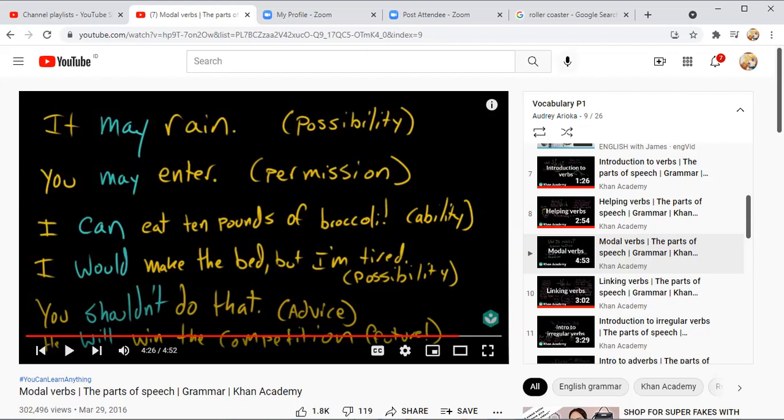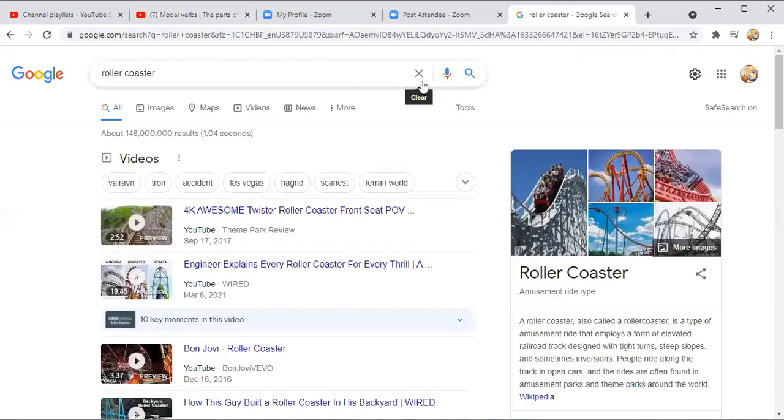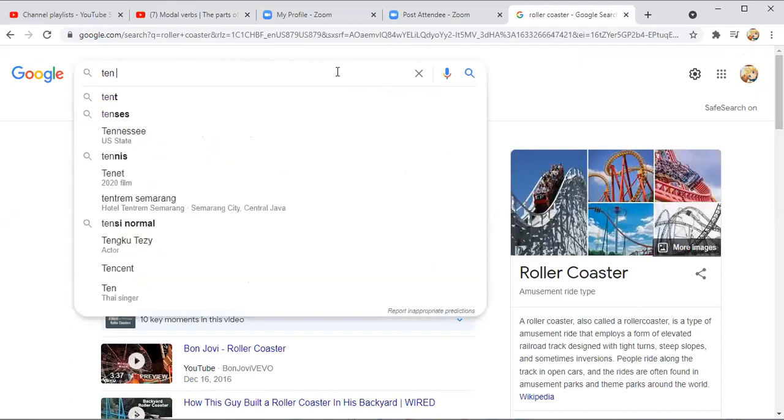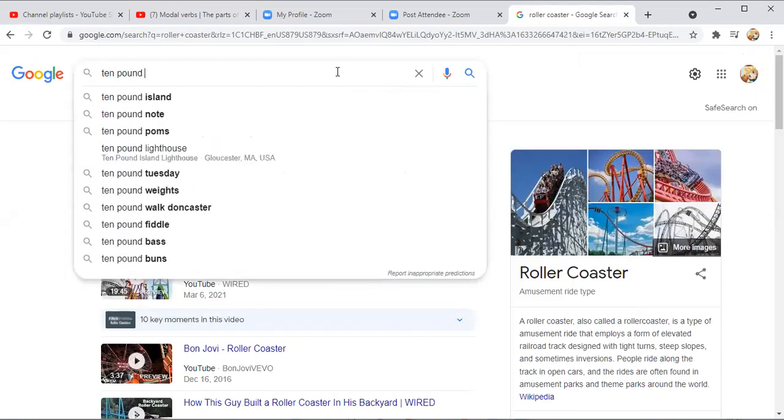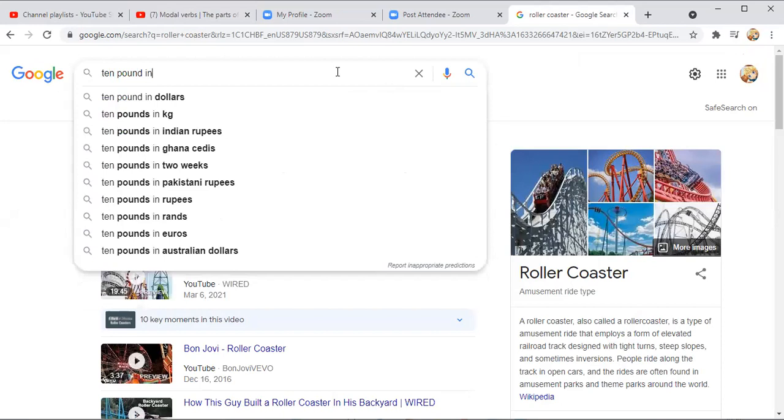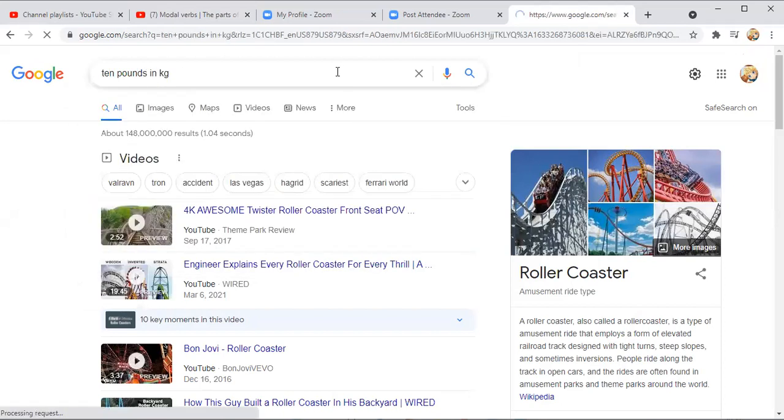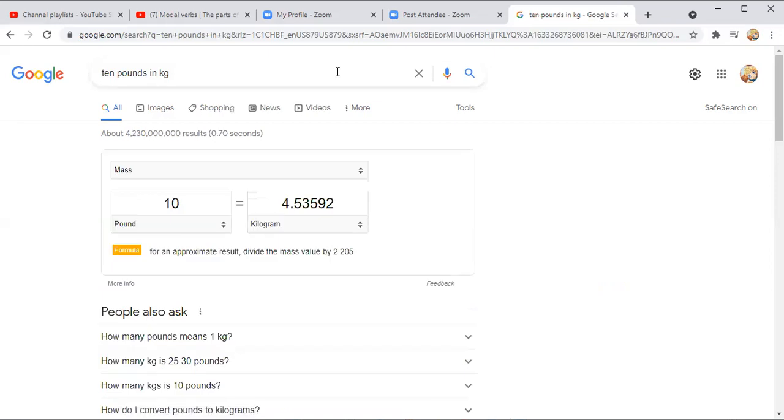It's a permission, right? And then I can eat 10 pounds of broccoli. It's like an ability. Jadi kan hebat ya, 10 pounds broccoli itu berapa ya? 10 pounds in kilogram. Let me see. Oh my goodness.